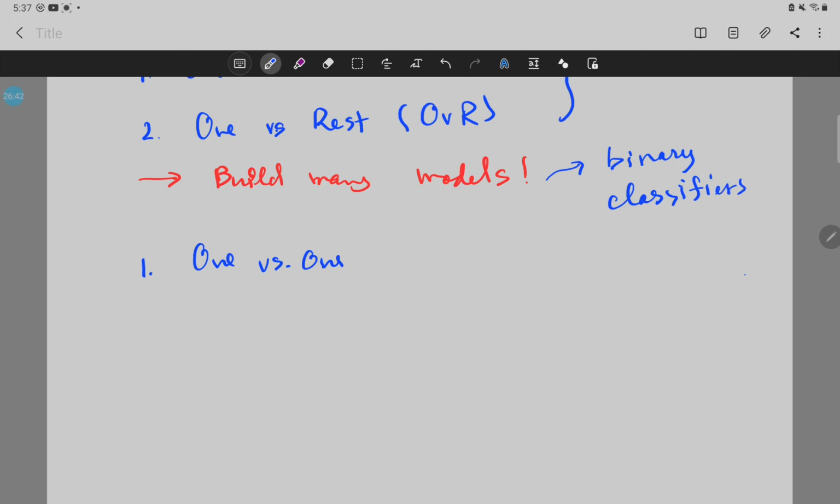Let's look at one versus one. The name is very obvious. We build a binary classifier of one class versus the other class. Let's say we have 4 classes, like class A, B, C, and D. These are the classes that we want to classify.